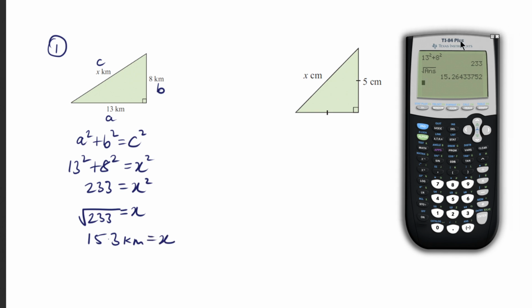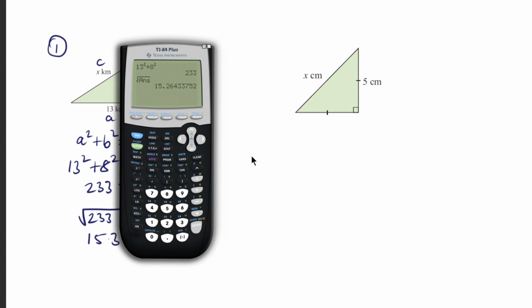Okay, let's try the next one. Right, now these lines mean that these two sides are the same. So if this length is 5, this length is 5. So again, we're looking for the longest side. So we know that if we square the other two sides and add them together, this has to be true using Pythagoras.